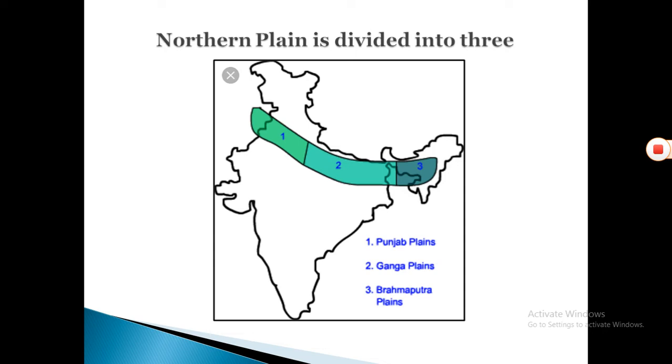They are the Satluj Basin, the Ganga Basin, and the Brahmaputra Basin. A basin means an area watered by a river and its tributaries. Tributaries means small rivers. Children, underline that sentence.